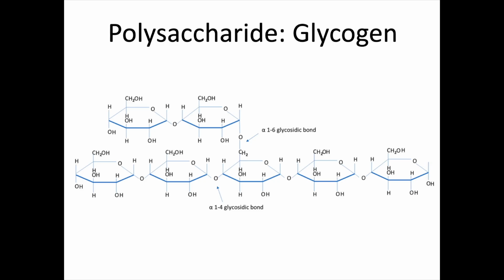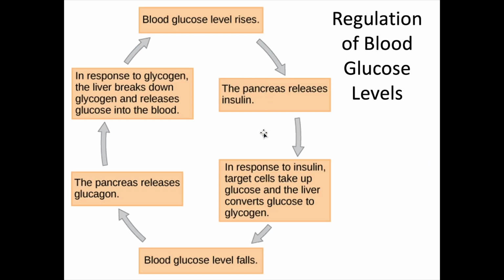And again, the figure for this is not terribly exciting, but it does show insulin causing glucose to be taken up and blood glucose levels go back down to normal. And if they get too low, glucagon causes the release of glucose and causes the levels to rise, again, back to a normal level. It's a constant up and down after meals and in between meals, trying to maintain homeostasis, trying to make sure things are at their normal levels.